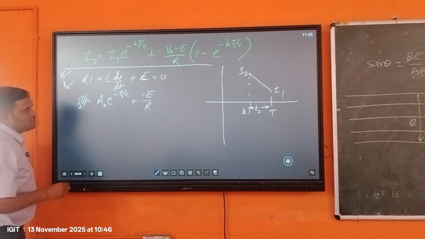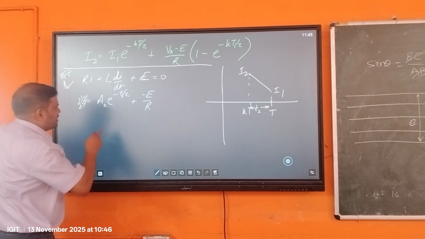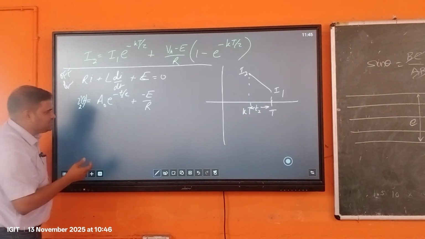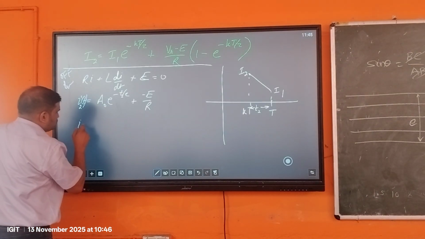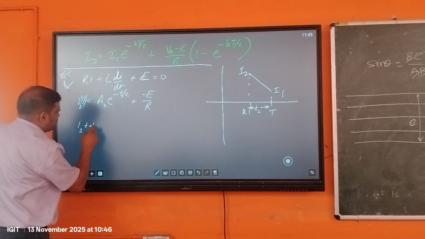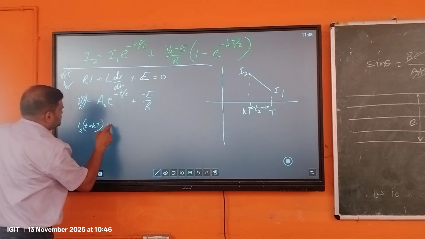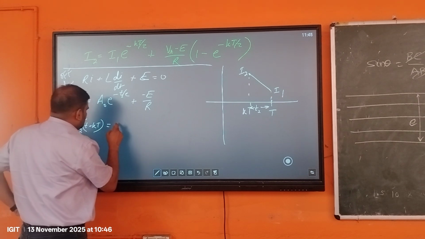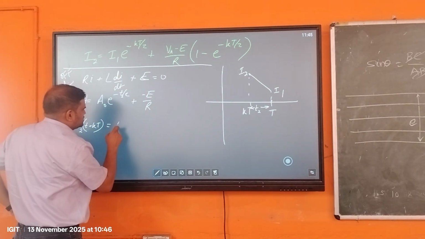So we can find the value of A0 from the initial condition. What is the initial condition here? t is equal to kT. At time t equal to kT, the current is I2.